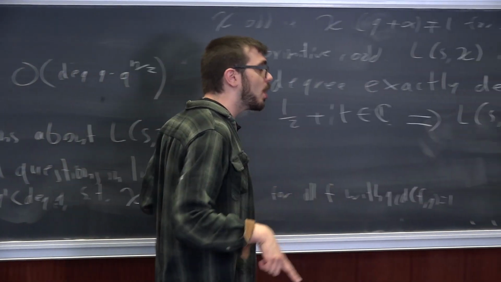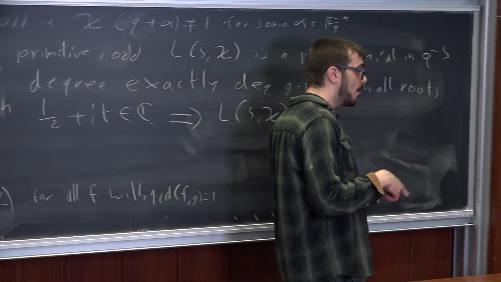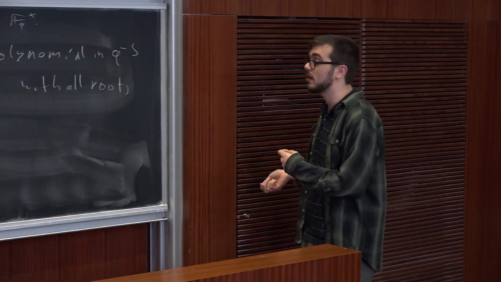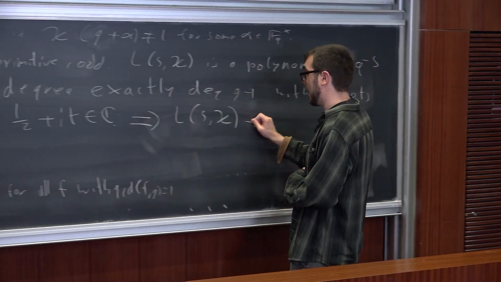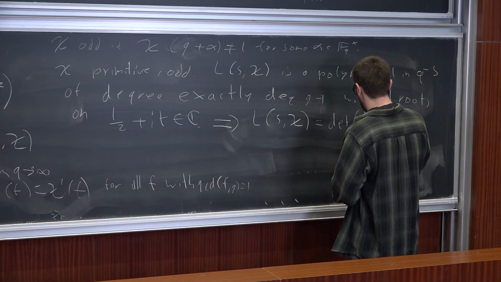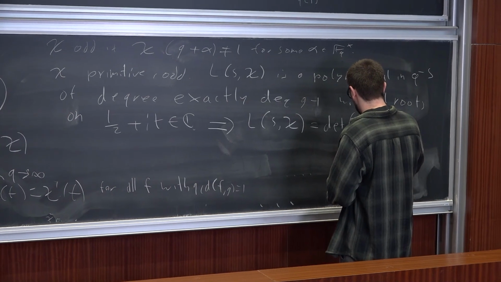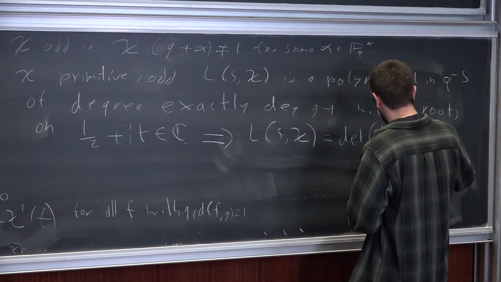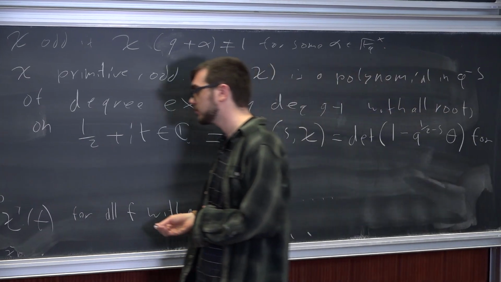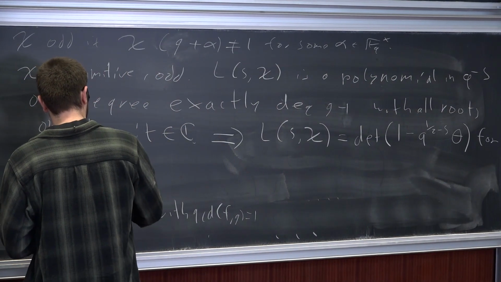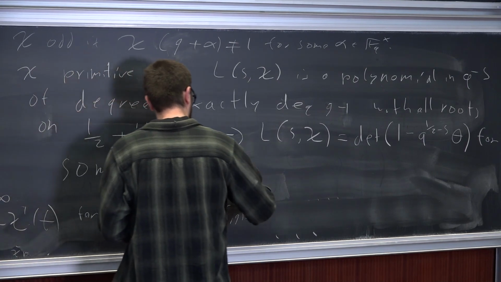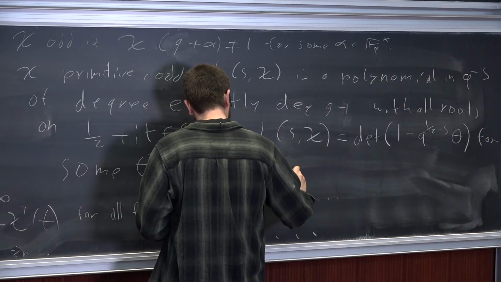And polynomials with all roots on a circle come from matrices with all eigenvalues on the circle, which are unitary matrices. So L(s, chi) is equal to the determinant of 1 minus q to the 1 half minus s theta, for some theta in the unitary group, of degree g minus 1.